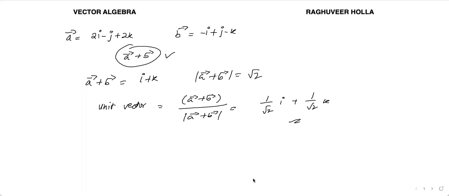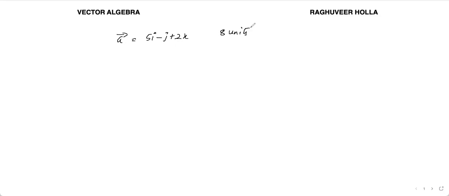Now let us see one more problem. Suppose I have a vector a, which is 5i minus j plus 2k. We will find the vector in this direction of vector a that has a magnitude of 8 units, so that is 8a.